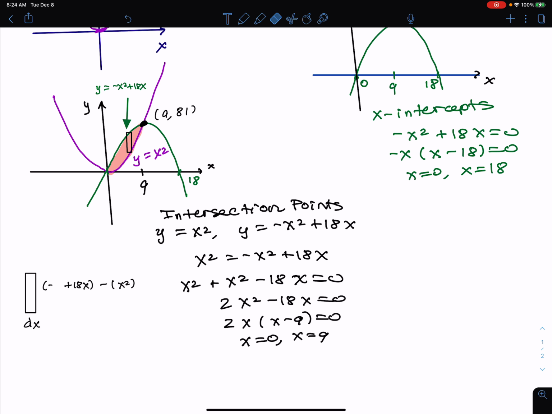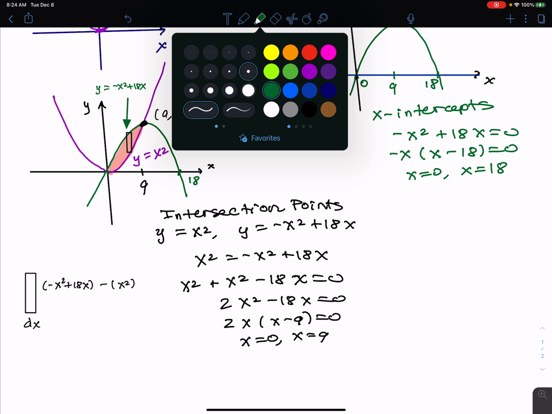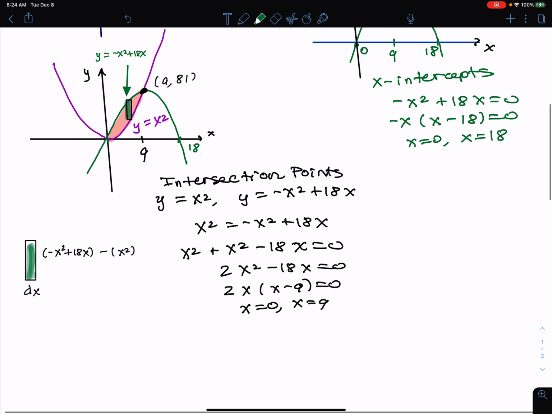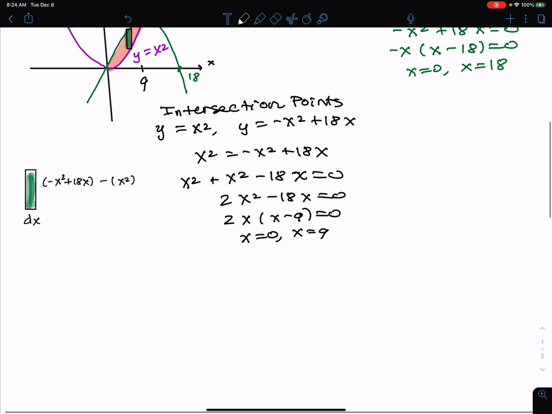So you take the top function, which I have in green, and you subtract the bottom function, which I have in purple, and that gives you the height of a rectangle there. And so then how do we find the area?